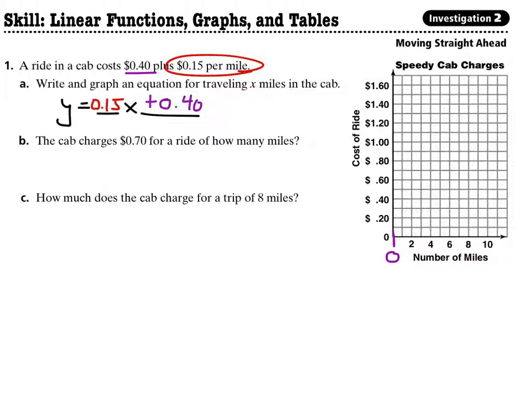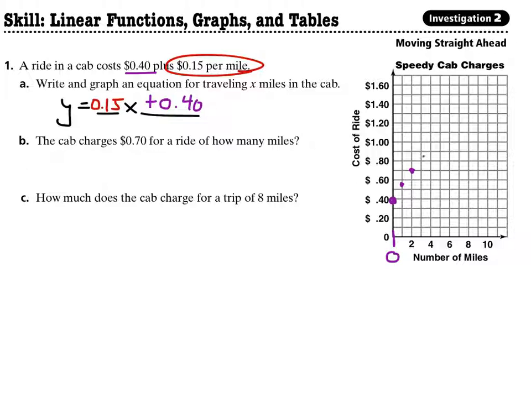So that would be 40 cents right here. From here I'm going to use the slope, which is 15 cents for every mile. So another mile, that's 40 cents. Another 15 cents would make that 55, about right there. Another mile would be another 15 cents, and that gives us 2 miles for 70 cents.